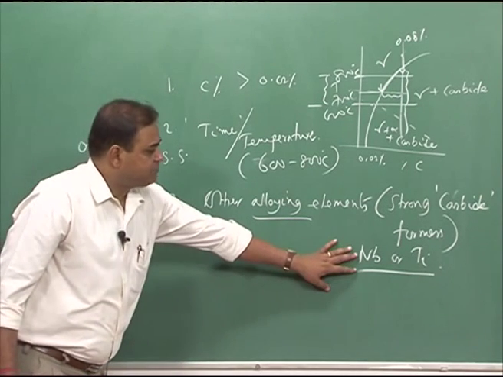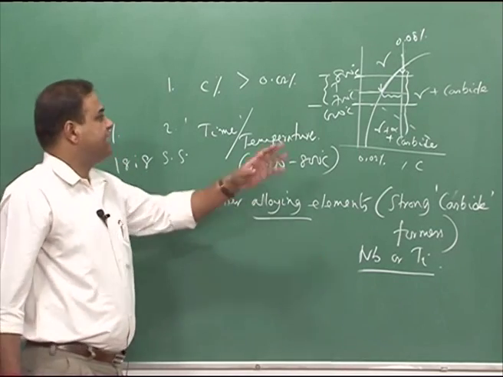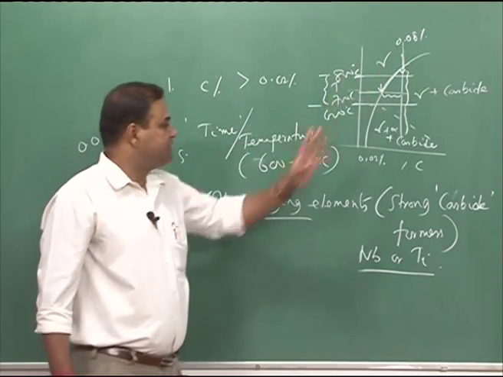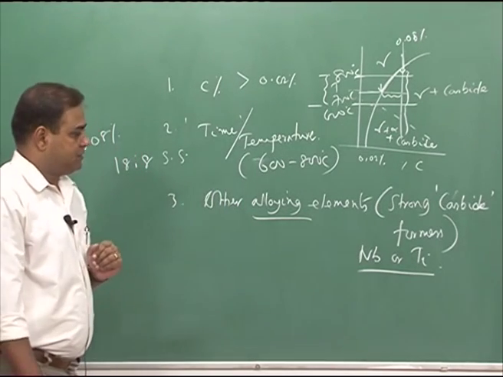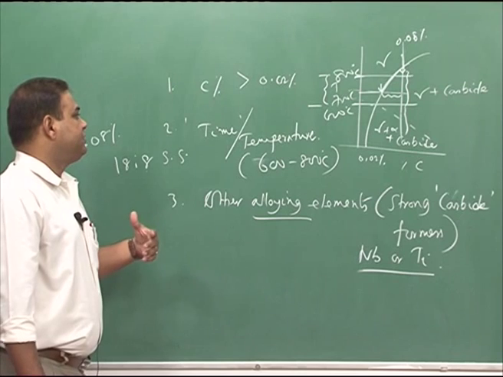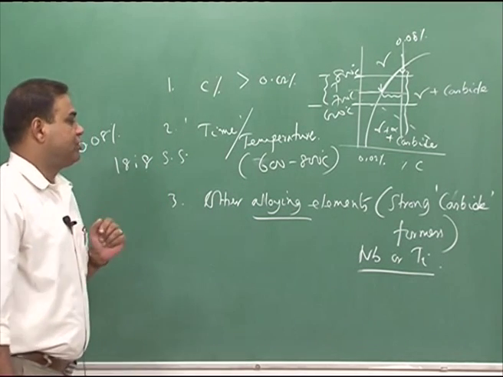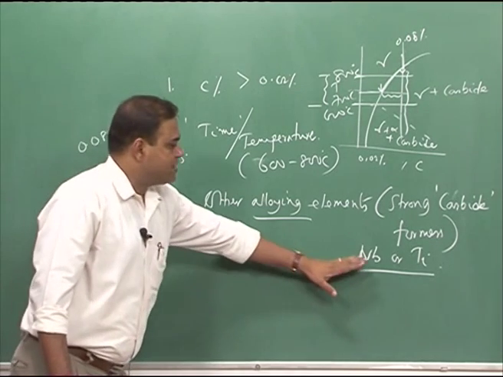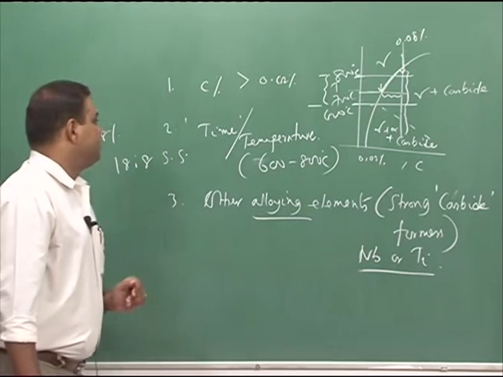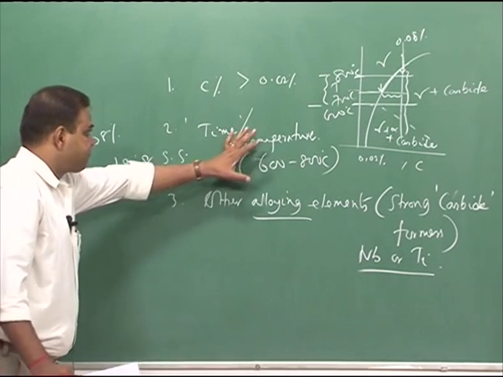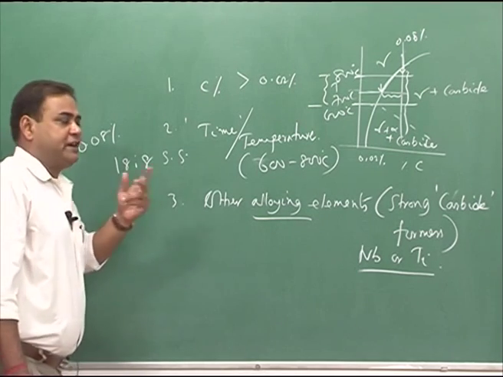So, if we have these elements and can take care of the excess carbon available in the material by forming niobium carbide or titanium carbide, then we do not have much carbon left, so chromium carbide formation would not be there. Depending on whether this kind of alloying elements are present or not, the sensitization by carbide precipitation along the grain boundary would be decided.